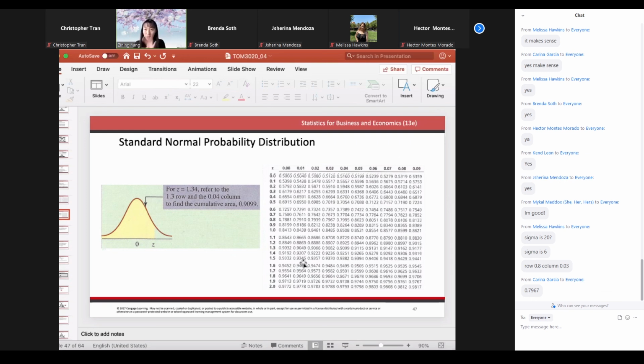Can you look up the value from the table? Because if you are able to find that 0.9500, you can simply find which row it is and which column it is. Very nice. Okay, Christopher, you got it.